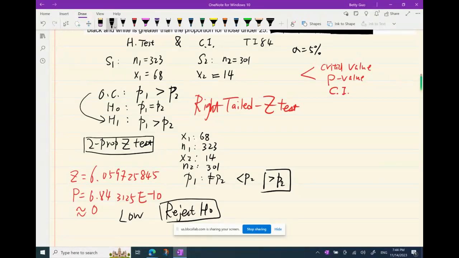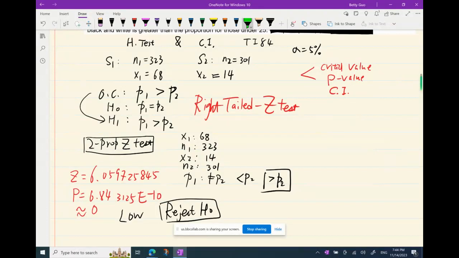Since we reject the null, we have sufficient evidence to support the original claim. What's the original claim? Older people have a higher percentage dreaming in black and white compared with young people. Maybe because they grew up with black and white TVs. I'm not sure. So that's the first part of this problem.